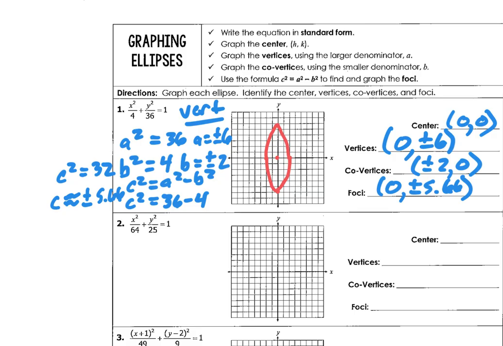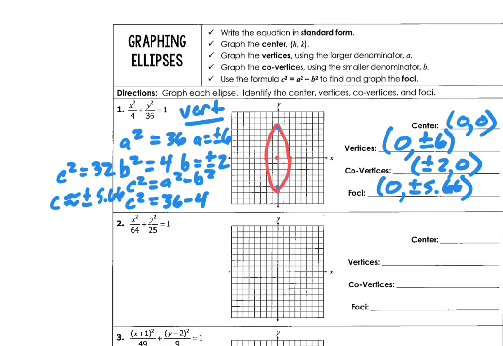Now, we said the foci should always end up inside of the ellipse. My vertices went up 6 and down 6, so this is just barely inside of it. But it's still inside. It's really, really close to it. And so when you graph your foci here, it's almost to the edge, but not all the way.